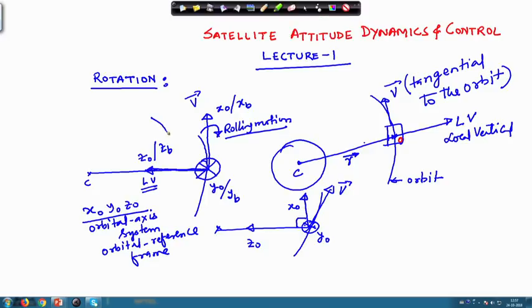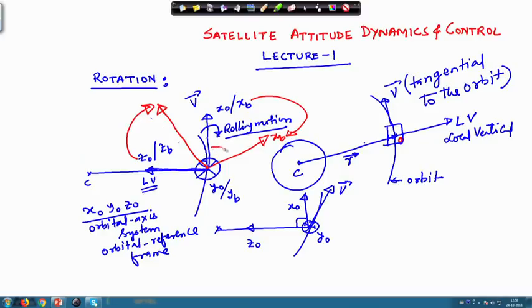Now, I rotate it by a certain angle. If I rotate about the y0, which is indicated here, the y direction of the orbital system, the x axis will come to this place, meaning the body x will get displaced from this place to this place, and the z body axis will get displaced from the z orbital axis to this place.